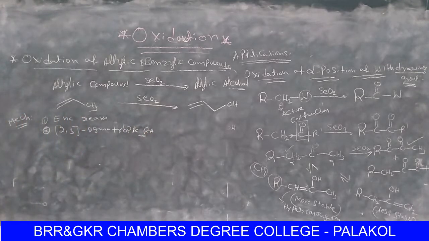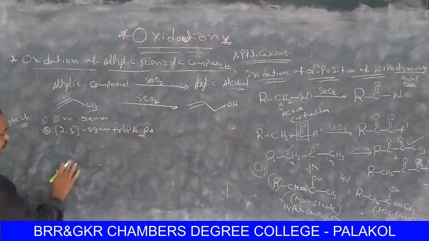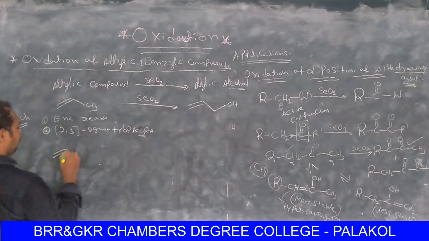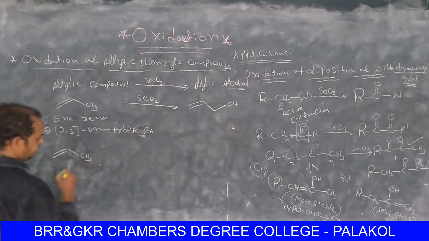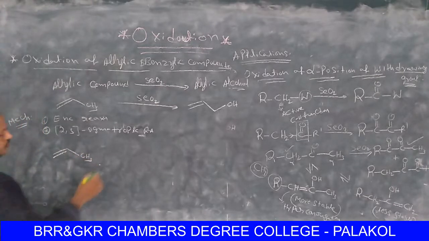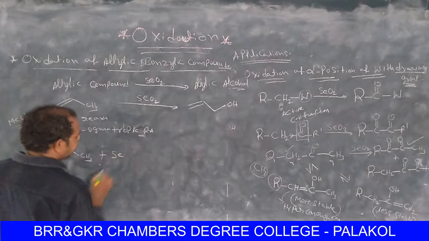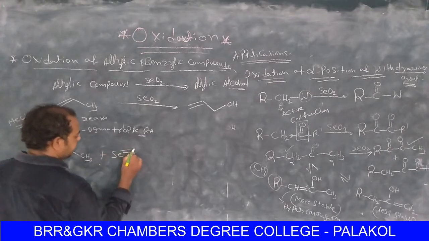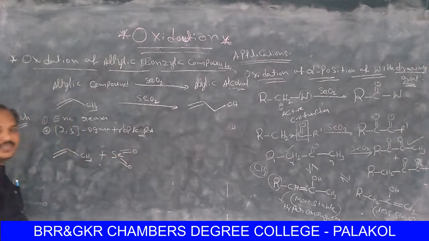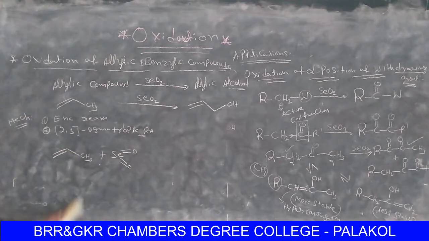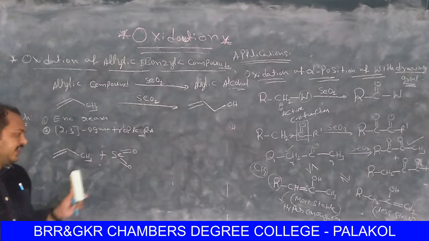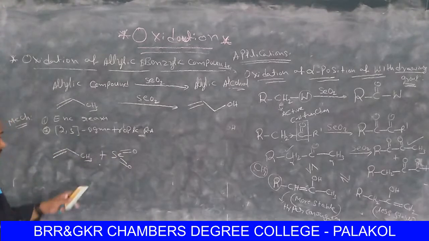These two we have to do. First take the compound, double bond CH3. Here SeO2 is directly reacting with the allylic compound, right?